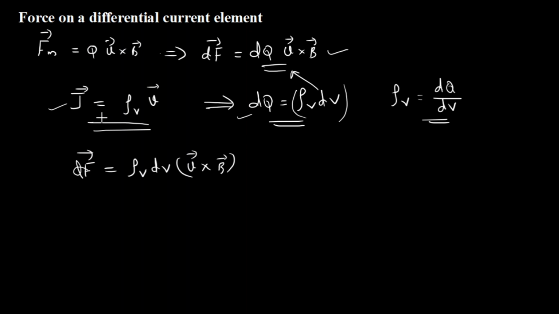Now coming to the equation J vector is rho_v v, this rho_v v can be written as J vector.